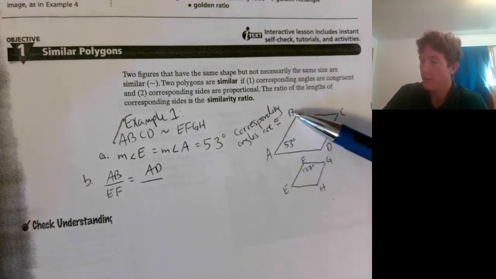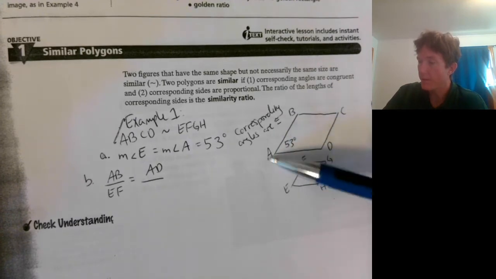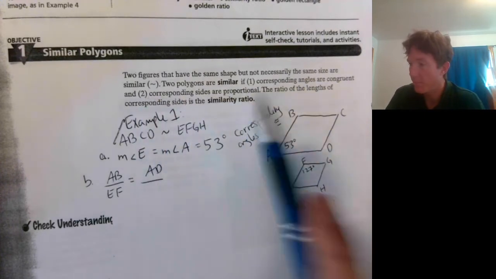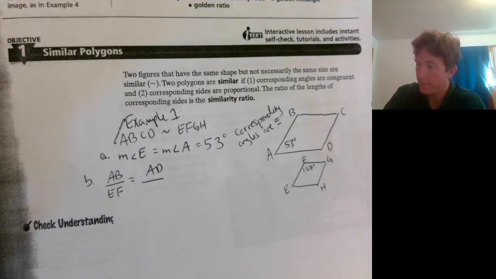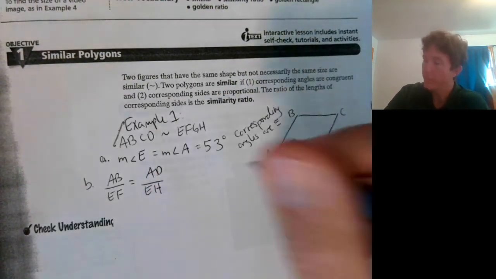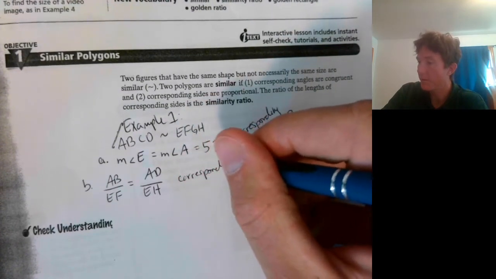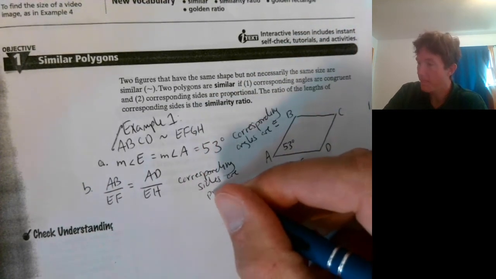If AB over EF is a ratio, we're looking at property number 2, corresponding sides are proportional. So if AB is proportional to EF, that means that AD must be proportional to its corresponding side, which would be EH. So this is property 2, corresponding sides are proportional.